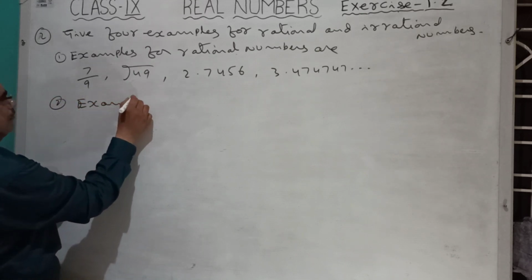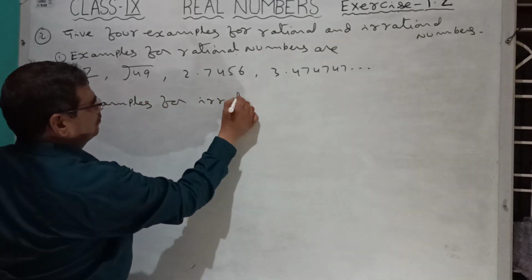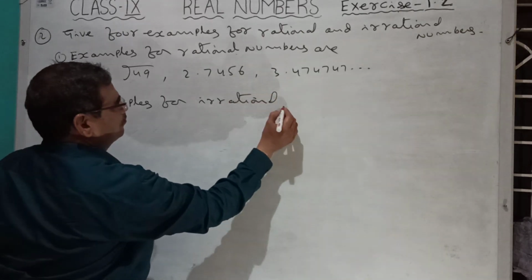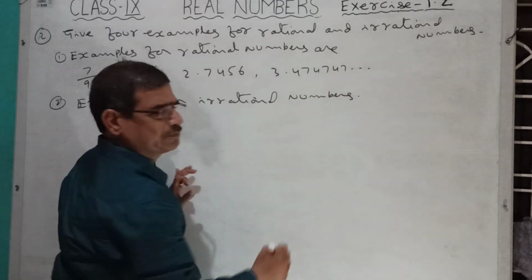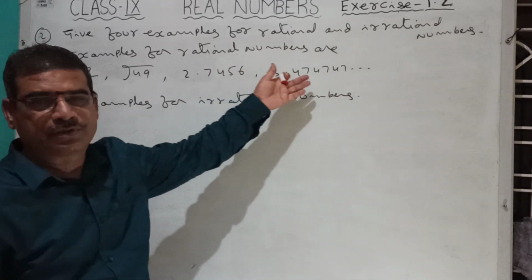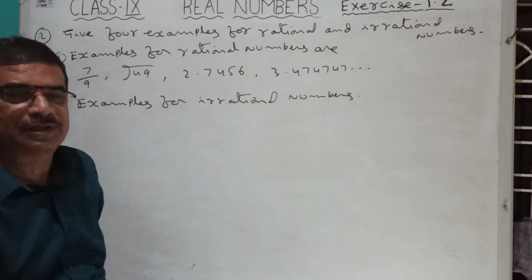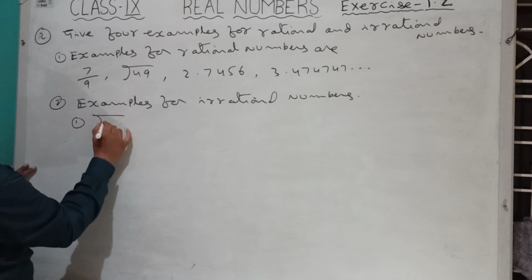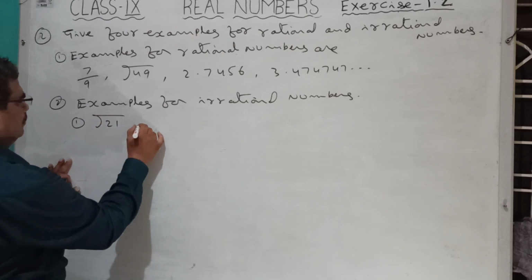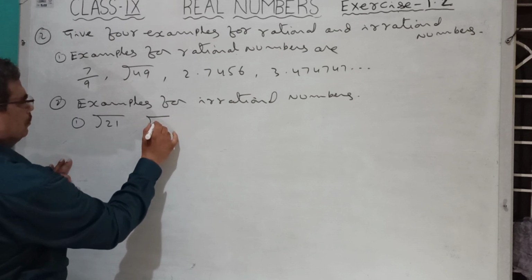Examples for irrational numbers. Examples for irrational number. I already told you in irrational number, exponent should be fraction after calculation. So one is root 21. Second one root 3.